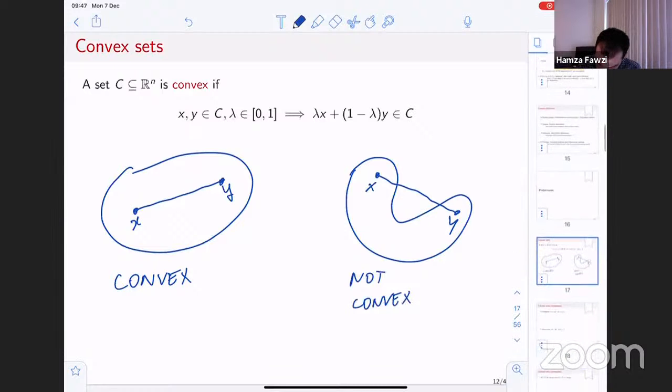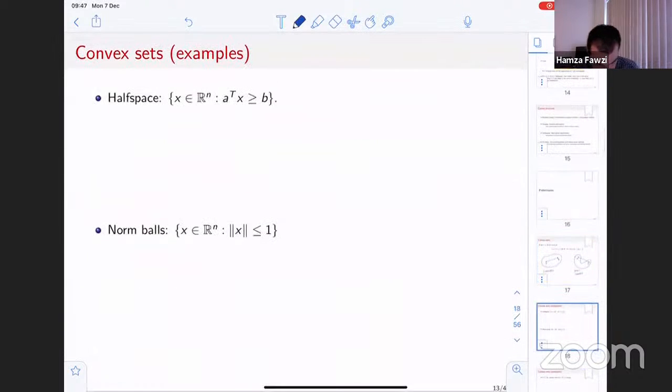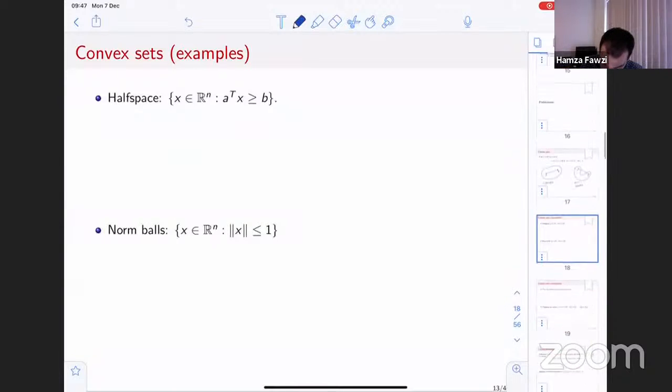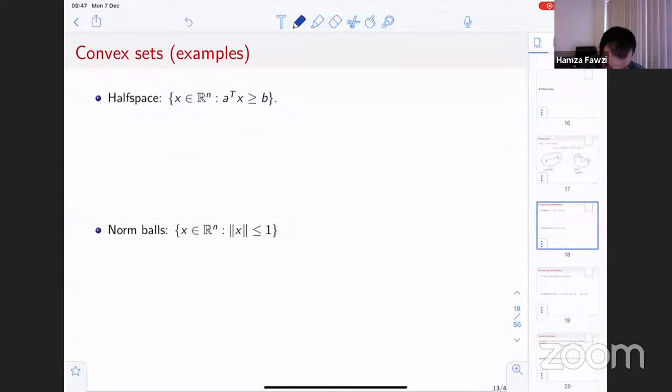Now, some simple examples of convex sets that we deal with all the time. The first one is half spaces. So what's a half space? You all know what a hyperplane is. A hyperplane is something defined using a single linear equation, a transpose x equals b.